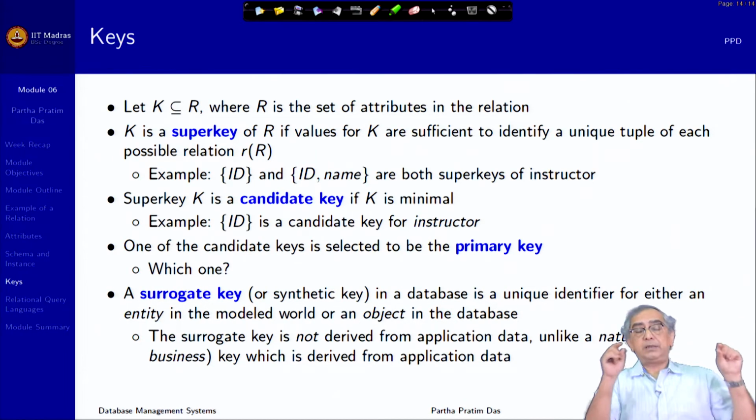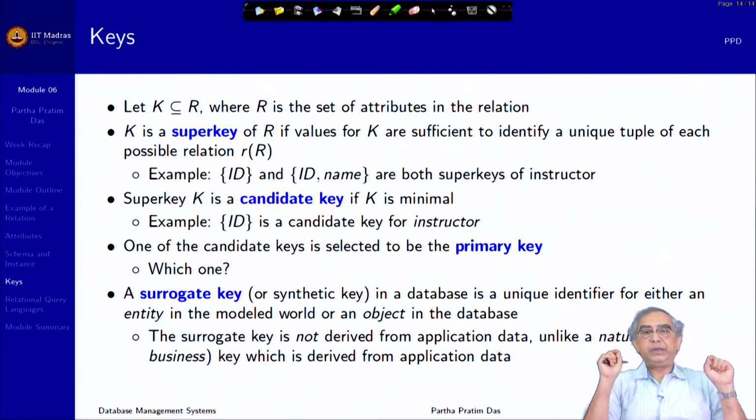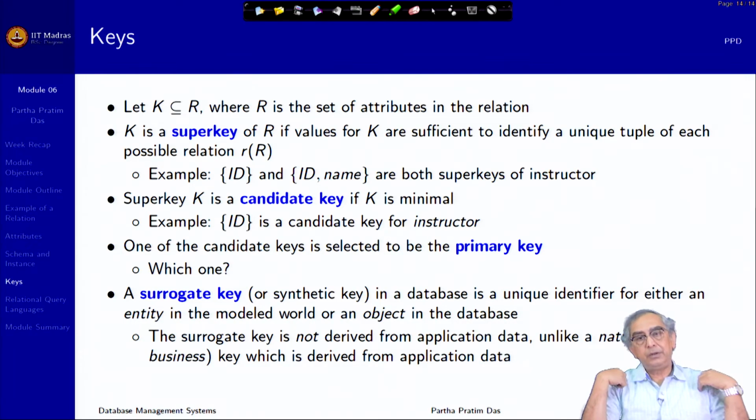Naturally, since I cannot have two rows with identical sets of values, clearly all attributes taken together make every row or every tuple uniquely identifiable. But the question is, do I really need to know all the values to uniquely identify every row, or can I work with a subset of attributes which can uniquely identify every row?